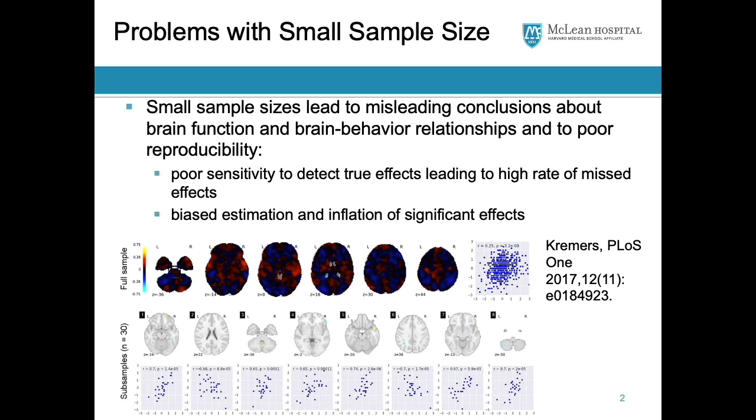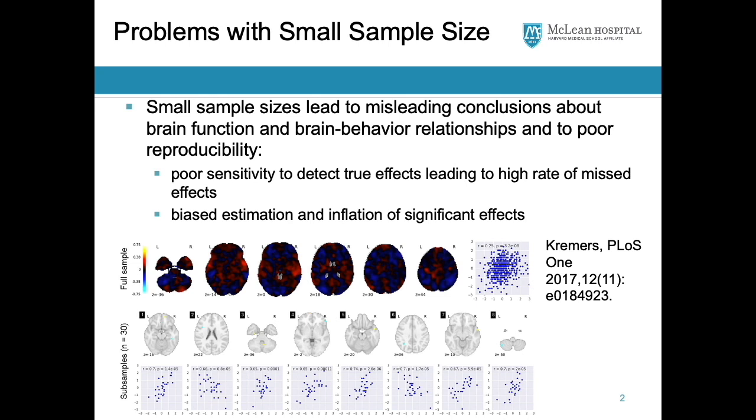Low sample sizes also lead to biased estimation and inflation of significant effects, which was shown very nicely in the study from 2017 using HCP 500 social cognition task fMRI data. The top panel shows a spatial map of correlations between brain activation in response to social stimuli and a measure of personality trait agreeableness. The peak value at any voxel in the brain was 0.25 for this correlation.